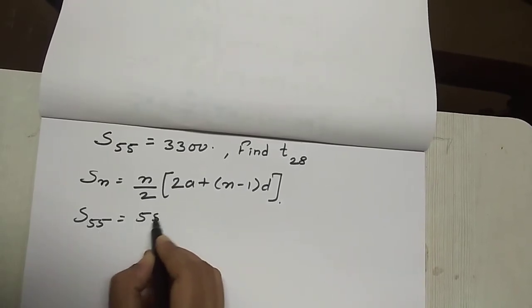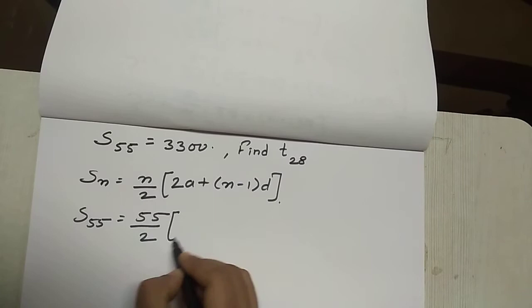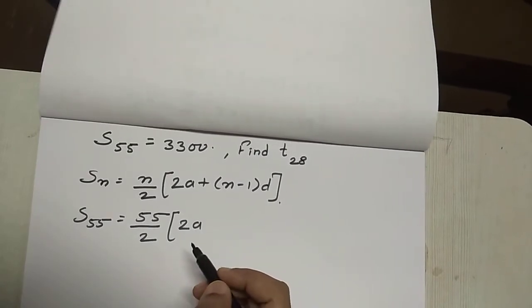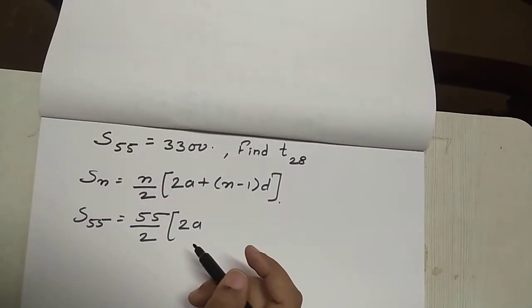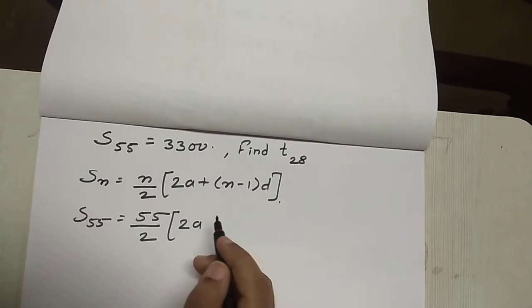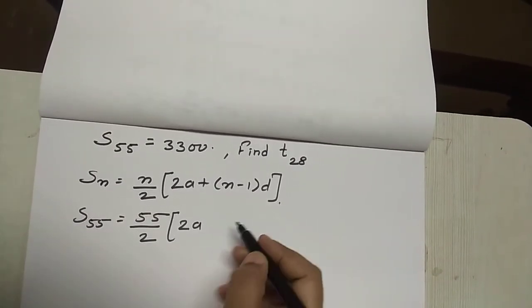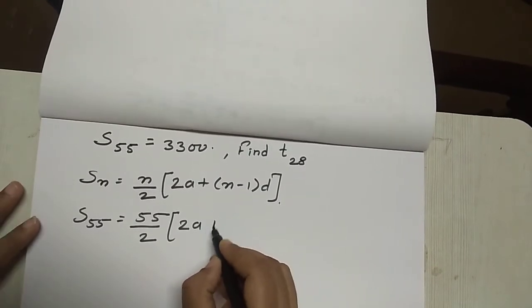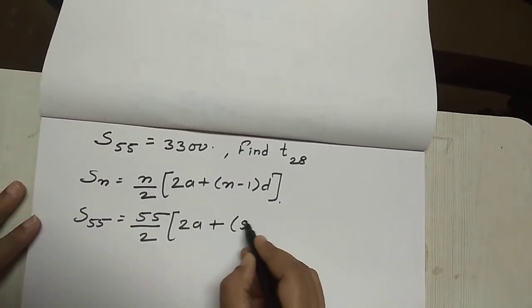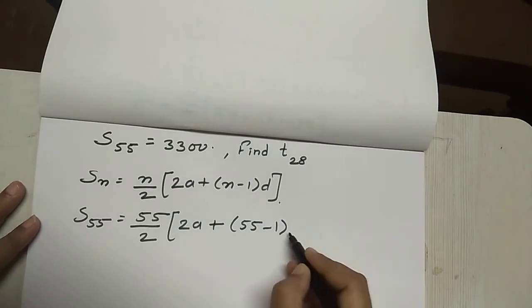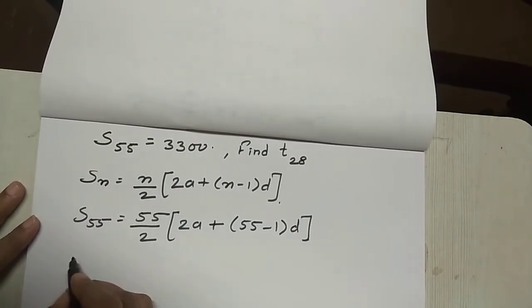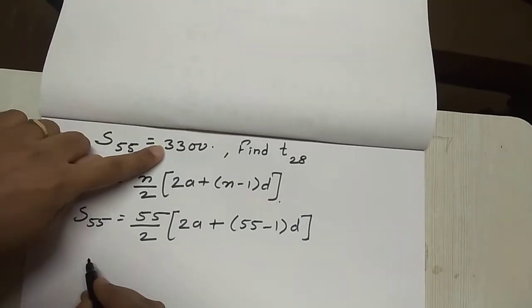S55 is equal to 55 upon 2, 2a. We know nothing about a and d. There is no hint, no clue given upon A and D. We only know that S55 is 3300. So let's keep A and D as it is for now. Plus n again is 55 minus 1 into D. Now S55 value is given.